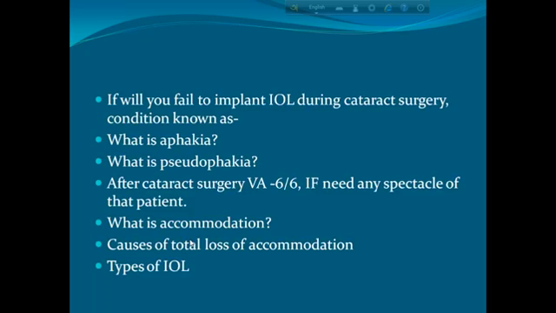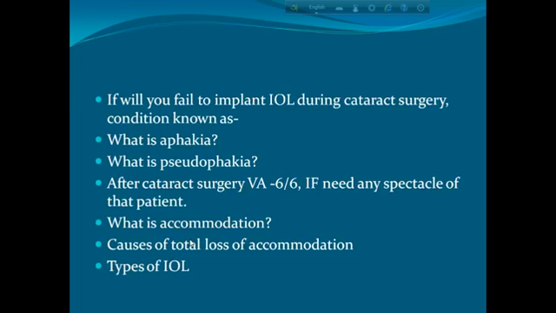When the surgeon does the cataract surgery nicely, vision is 6 by 6. Before surgery, hand movement. After surgery, 6 by 6. That means 100% vision. Question: does that patient need any spectacle?